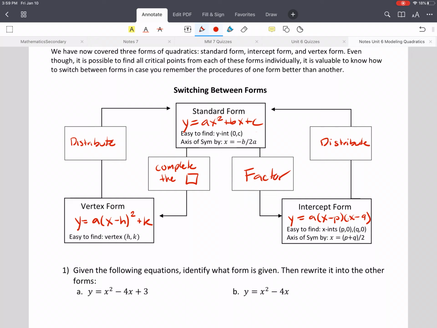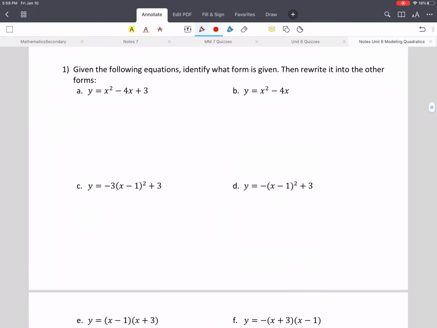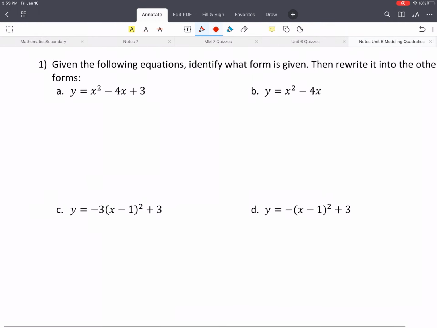If you need to go back, you're going to need to distribute, aka FOILing or using the box method. If you need to go from standard to vertex, you need to complete the square, and we'll do an example of that. And if you need to go back to standard form, then you distribute. So these problems will be like what's on the homework.